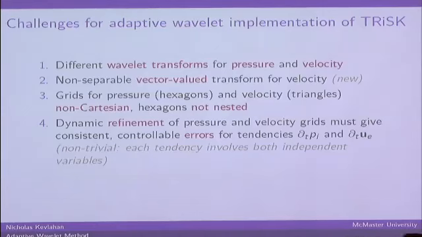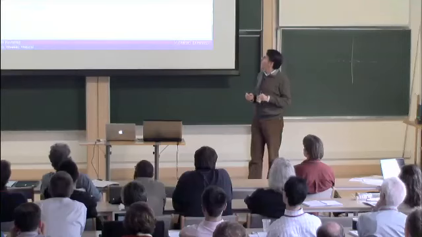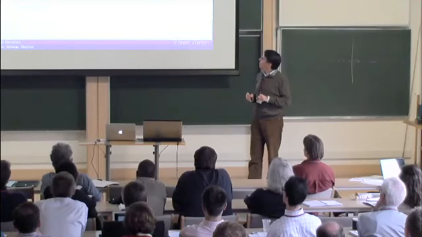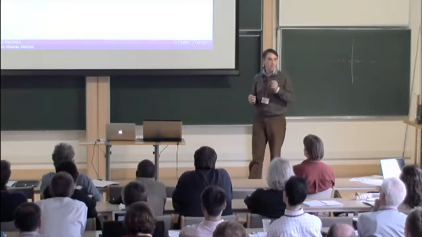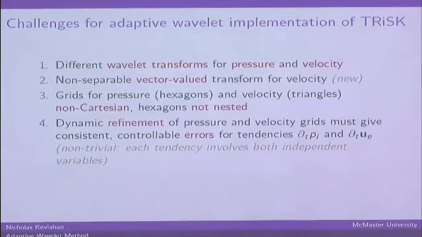Another challenge is that we're dynamically refining the pressure and velocity grids by looking at the wavelet coefficients of the pressure and the velocity. But what we really want to do is control the errors in the tendencies, dp/dt and du/dt. And those right-hand sides involve both variables, u and p.